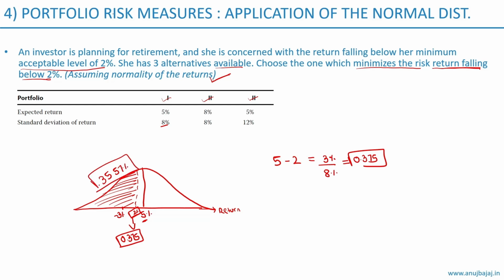So one way to interpret is that 35.57% of the observations lie below this deviation, or there is 35.57% probability that the return could be less than 0.375 deviation, or I can say there is 35.57% chance return could be less than 2%, which is our minimum acceptable level. So similarly, let us find out the probability of return falling below 2% for the remaining portfolios.